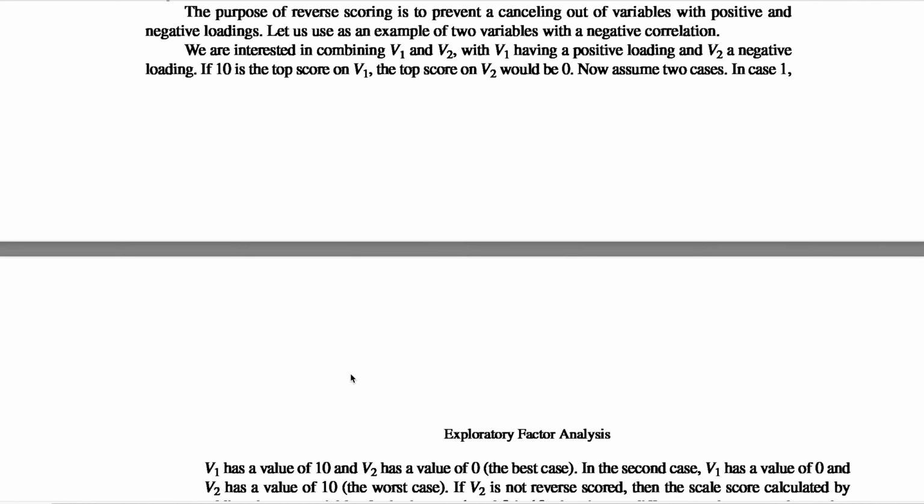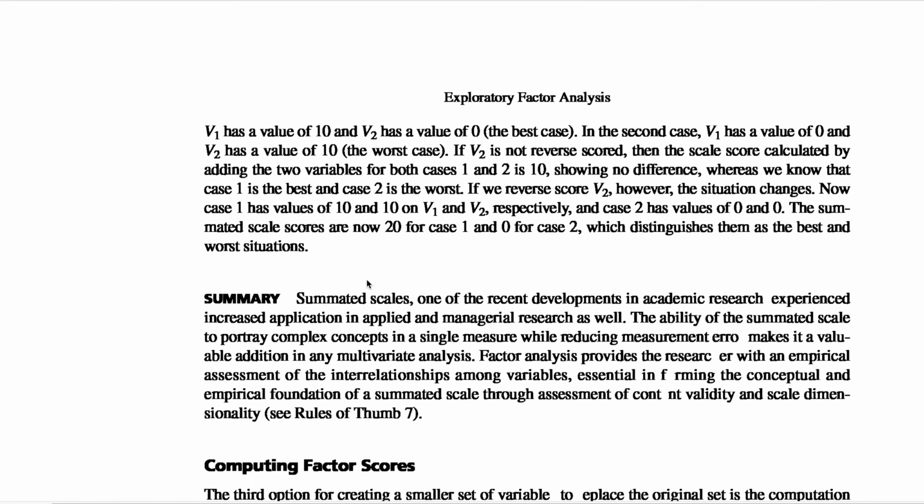In case 1, V1 has a value of 10 and V2 has a value of 0, the best case. In case 2, V1 has a value of 0 and V2 has a value of 10, the worst case. If variable 2 is not reverse scored, then the scale score calculated by adding the two variables for both cases 1 and 2 is 10, showing no difference, where we know that case 1 is the best case and case 2 is the worst.